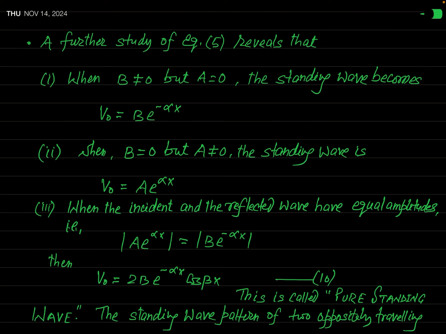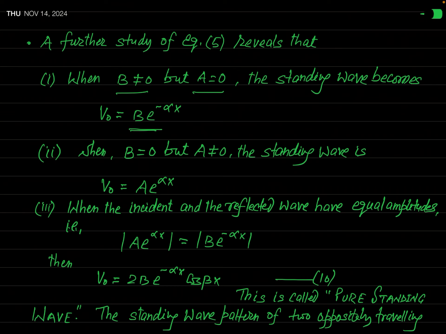If in equation 5 you consider that A is 0 but B is not 0, then the standing wave equation will be V naught equal to B times e to the power minus alpha x. And you can see this is exponentially decaying. With increase in x, this V naught will decrease exponentially.